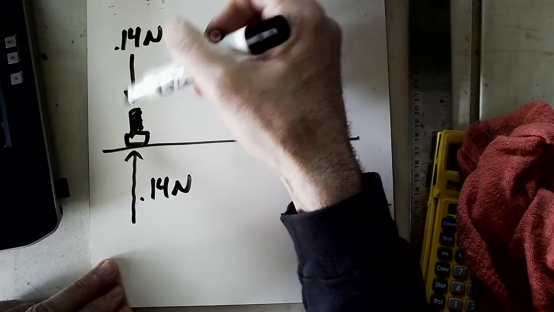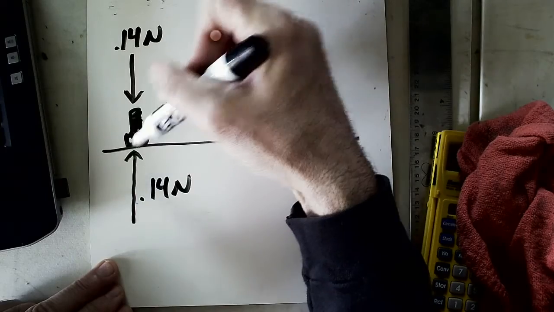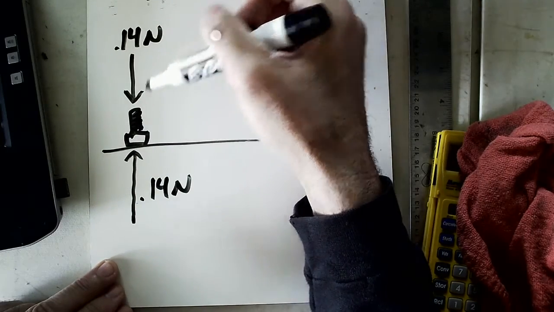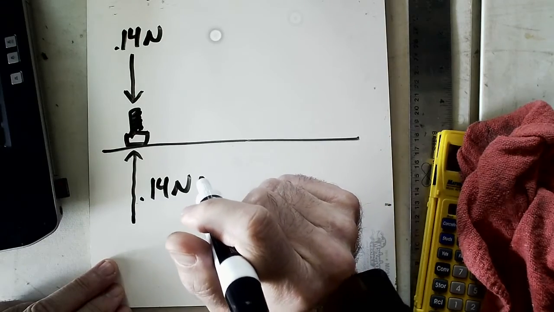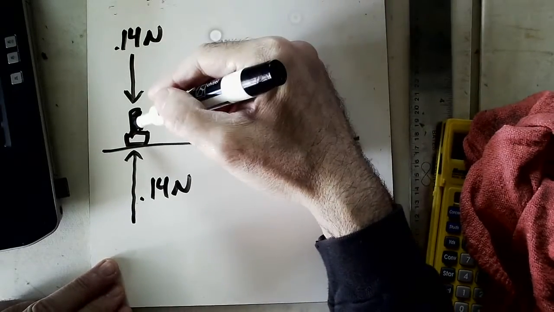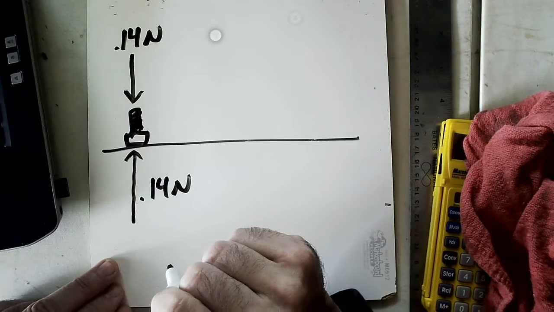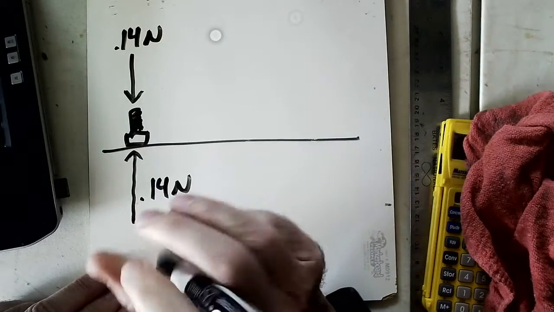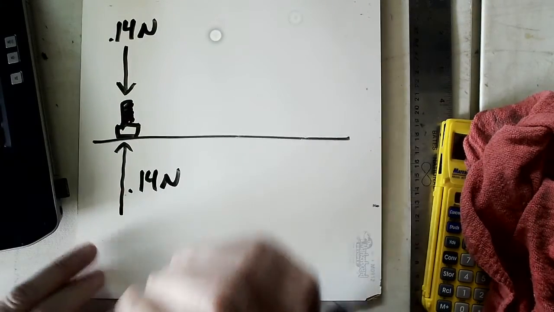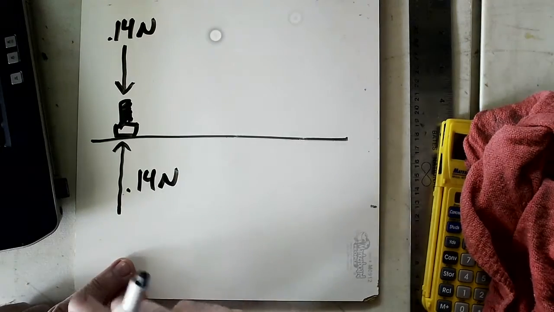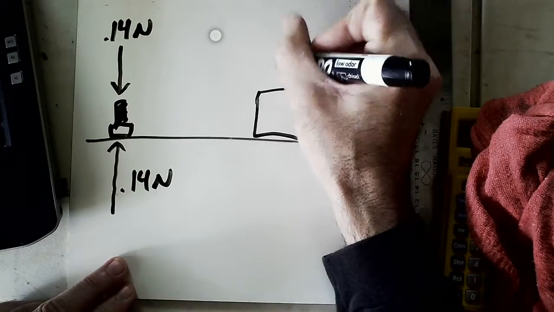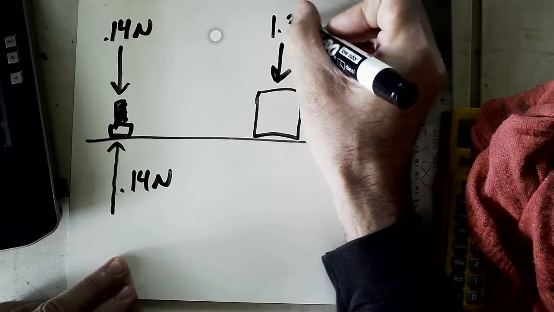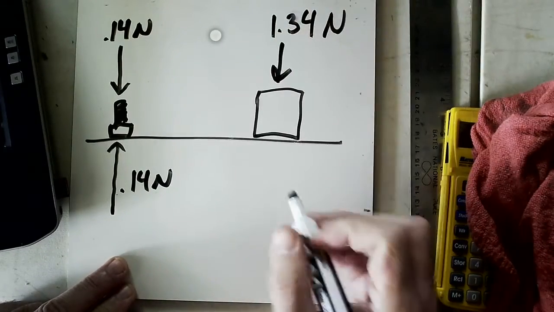Okay, so I've got a force pushing down and I've got a force pushing up. I don't know if you've ever heard the saying, for every action there's an equal and opposite reaction, but yeah, the floor is pushing up with the same force that the bolt is pushing down. Okay, so for the wood block, it was 1.34 newtons.